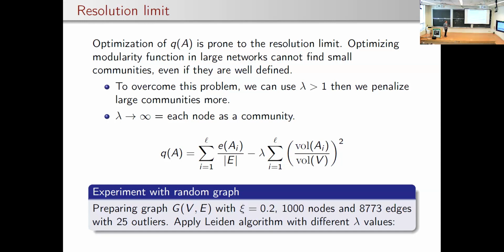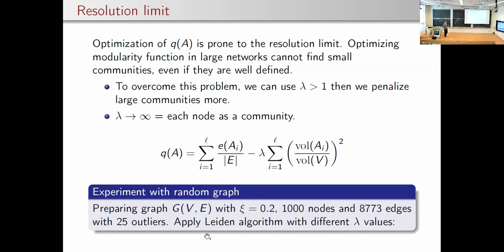So I prepared a graph with a low level of noise, with 1000 nodes and this number of edges, and I know that I have 25 outliers in my ground truth.